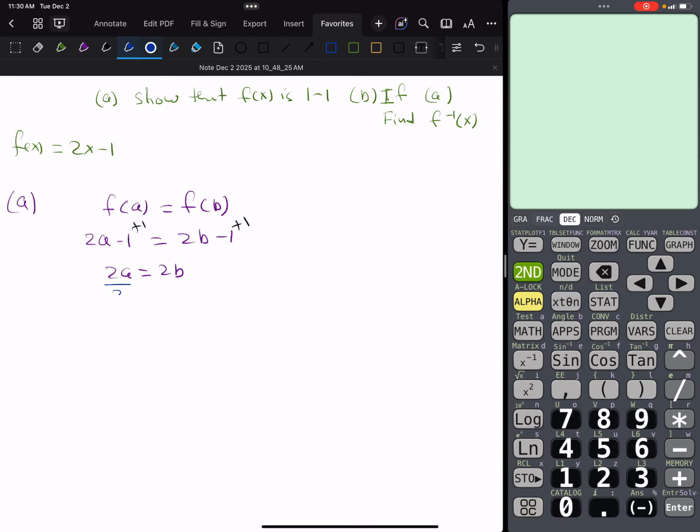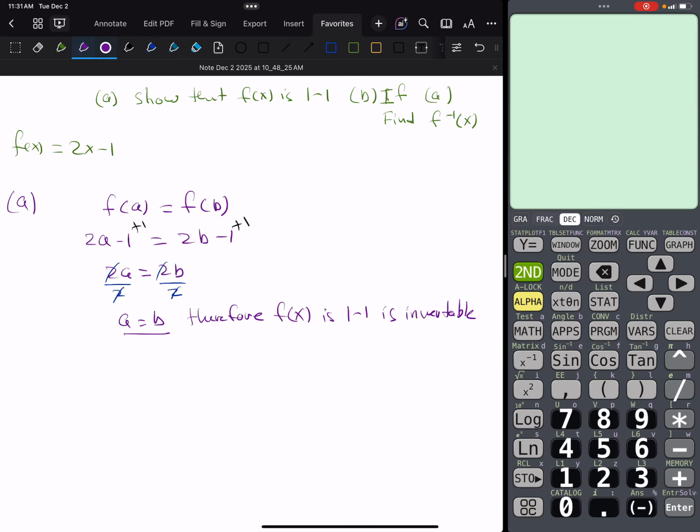I'm going to divide both sides by 2 and cancel those 2's, and I get a equals b, which does show that for those two y values to be the same, those two x values have to be the same. And so, therefore, f of x is 1-to-1, is invertible.